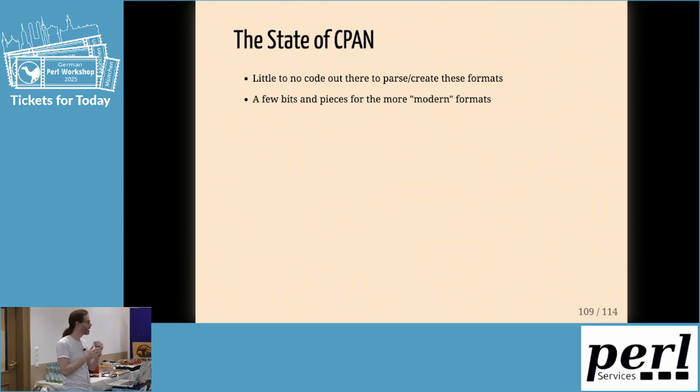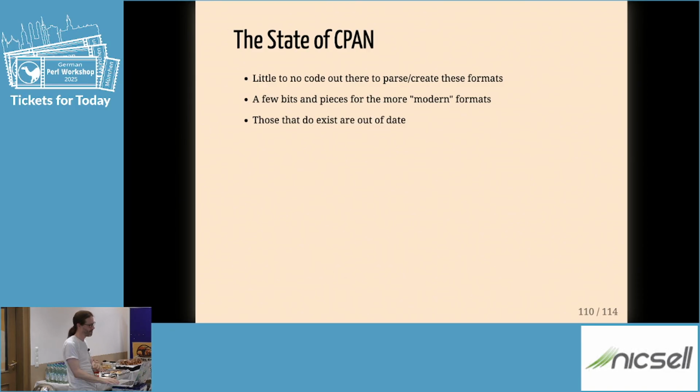Mark has a distribution that handles ISO 20022, updated a week or two ago, very recently, so he keeps it up to date. The ones that do exist for the other formats are maybe out of date, or they don't have test coverage. I found a few things on GitHub in Perl, but they don't have any test coverage. And that's table stakes level stuff for this kind of code. You're moving money, it's trivial formats, it should have test coverage.